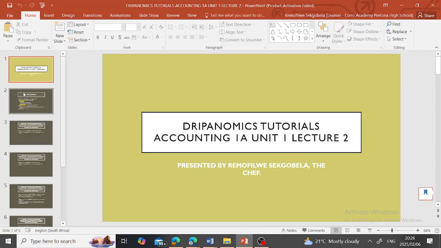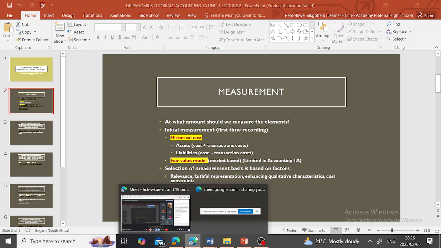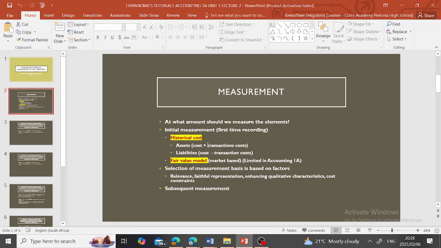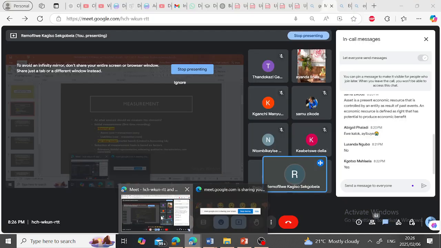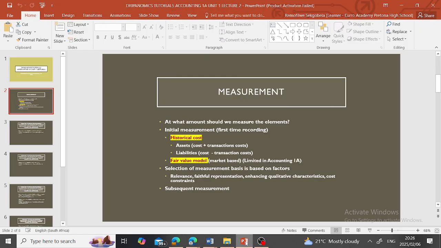So what do we have here? Actually, before I go to the example, in high school accounting we have what we call initial measurement. Who here thinks they know what initial measurement is? I can't see if someone's raising their hand, so just unmute yourself and speak.